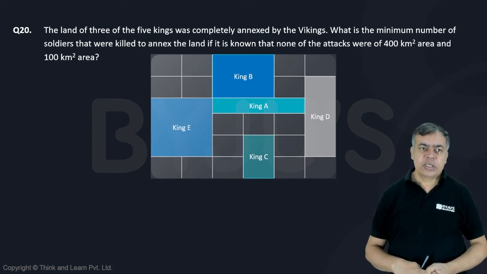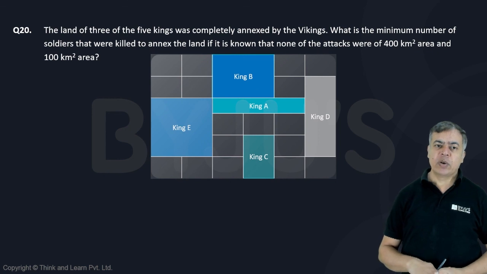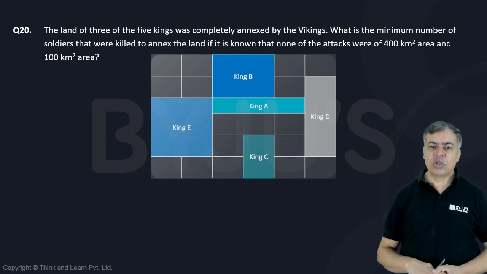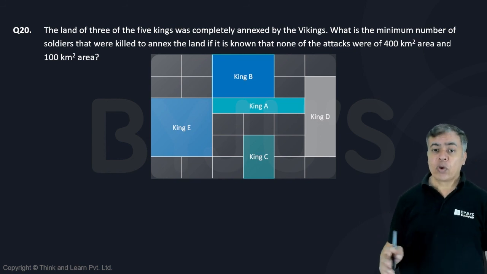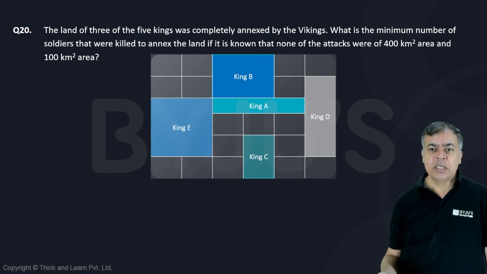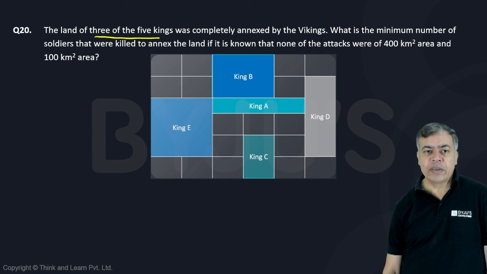Okay, see this question now. The land of 3 of the 5 kings was completely annexed by the Vikings. What is the minimum number of soldiers that were killed to annex the land if it is known that none of the attacks were of 400 kilometer area and 100 kilometer? So you cannot attack 400 or 100. So that means now the next one will be 900. If you attack 900 and the land of 3 of the 5 kings was completely annexed, so 3 kings.